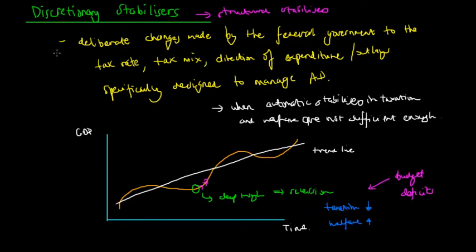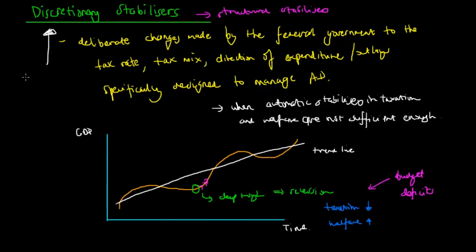So what the federal government did was introduce mini discretionary stabilizers here. And we're just going to look at one example, the most prevalent example of a discretionary stabilizer implemented by the federal government in order to stimulate growth. And this is most applicable to us as well.